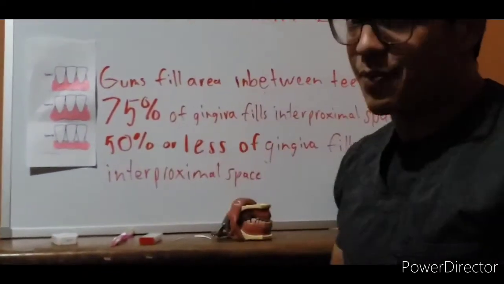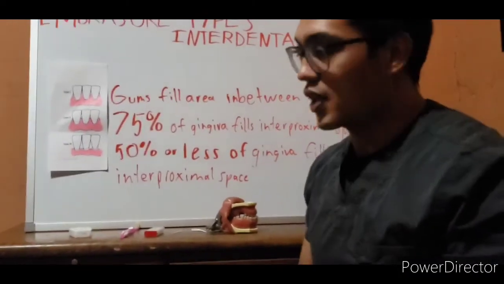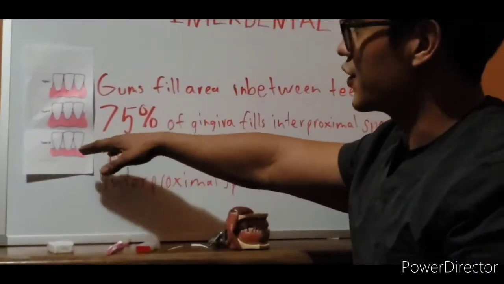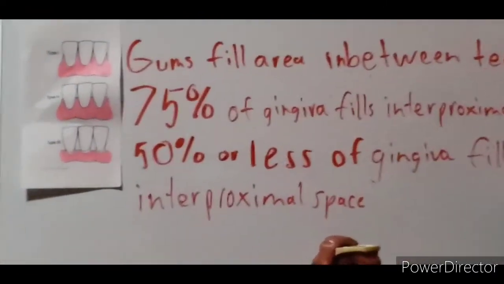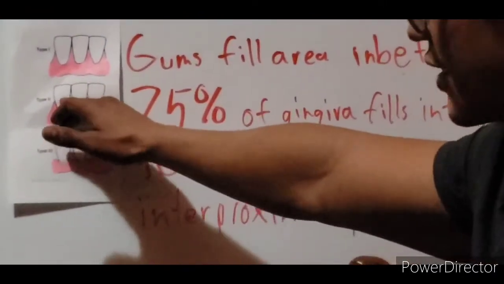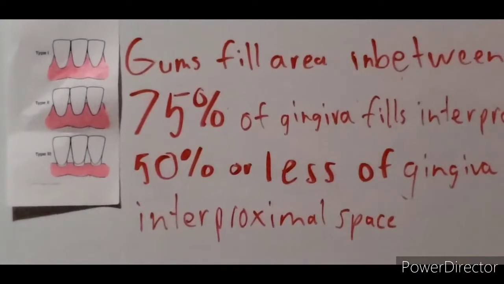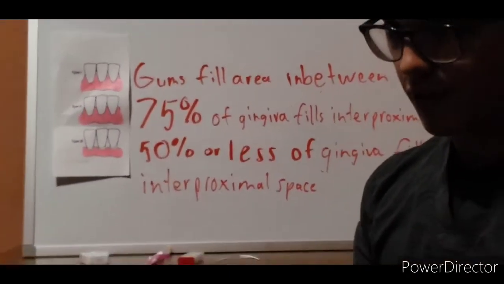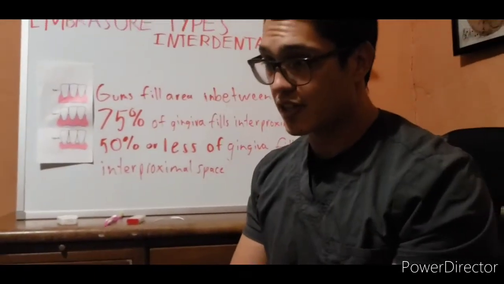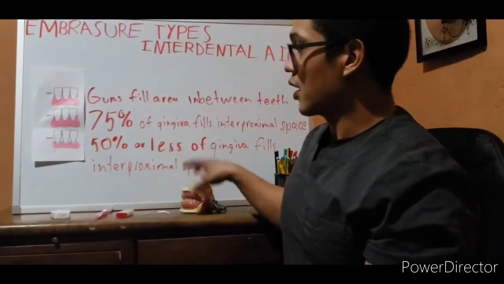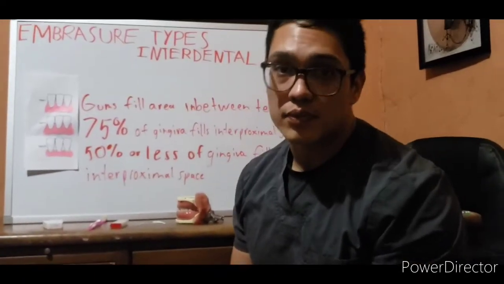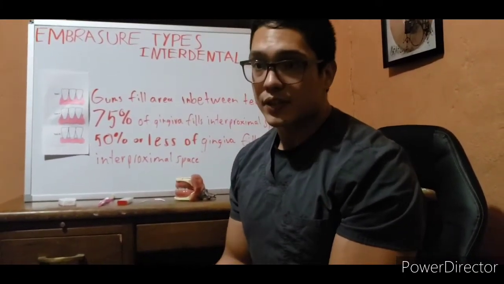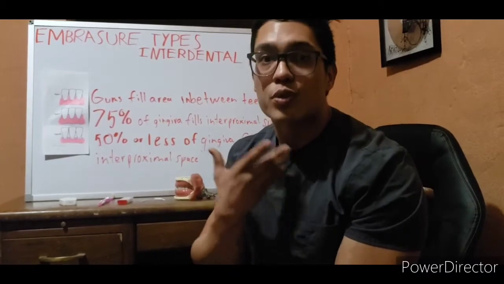There's type 2 classification as well. It's a type 2 embrasure. Usually 75% of the gingiva or gum fills up that interproximal space in between your teeth. This can be caused by gingivitis or periodontitis, which is bone and gingival destruction of your gums, basically, and the alveolar bone is what supports your teeth.